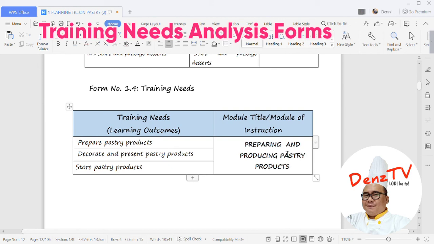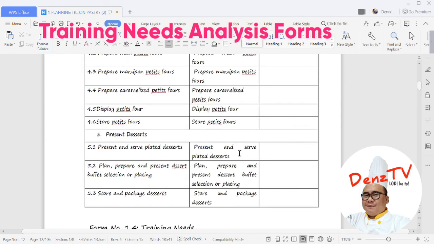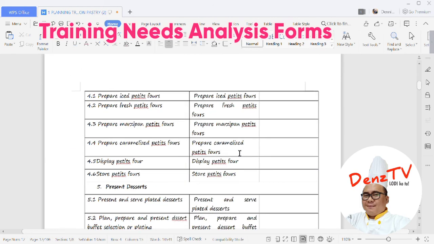If you have noticed, this is the chosen core: preparing and producing pastry products, and these are the learning outcomes of preparing and producing pastry products. So these are the forms that you are going to prepare for job sheet 1.1-6. It's very simple.